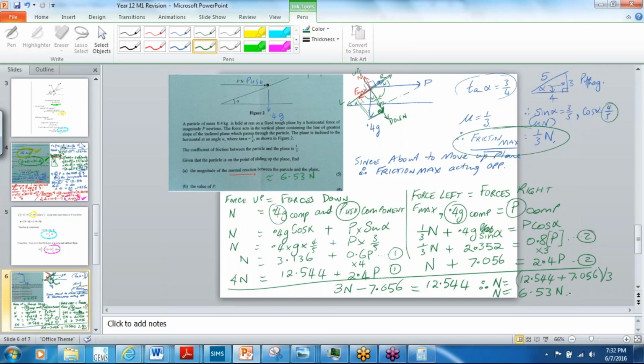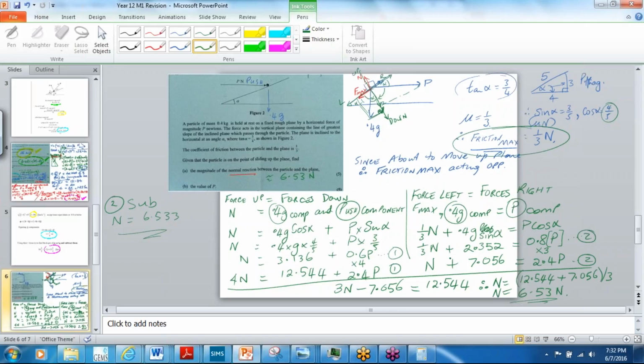We simply need to substitute this value into either equation 1 or equation 2. So let's just put it in equation 2. And sub N equals 6.533.